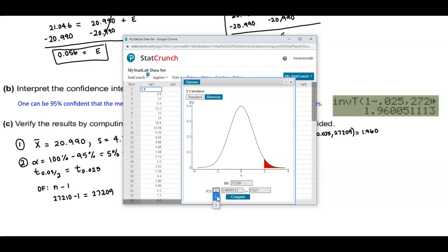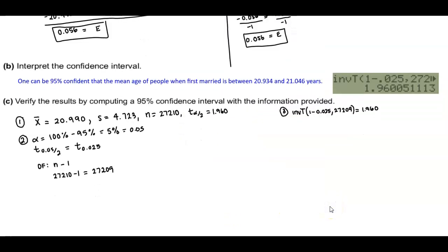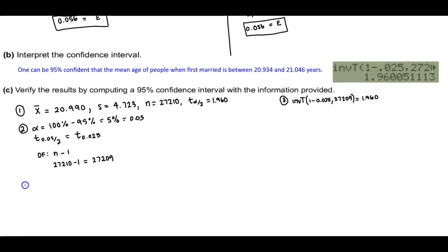If we use less than, it's going to be 0.975, and it still gives us the same critical t value.